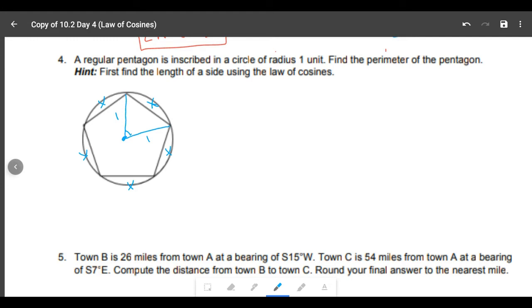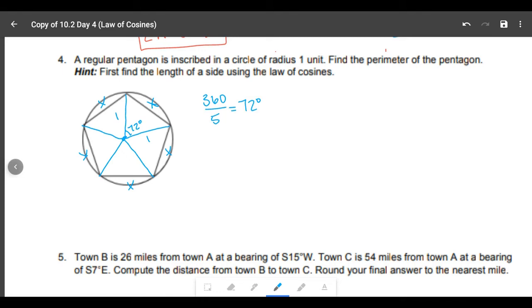Well, if I have a pentagon, there should be 5 different triangles that make up that entire circle. Since it's a regular pentagon, they're all going to be the same measure. So we're going to take 360 degrees and divide by 5, and that is going to give us the measure of this one central angle. So this angle is 72 degrees.